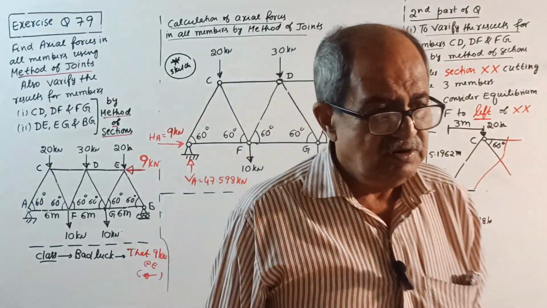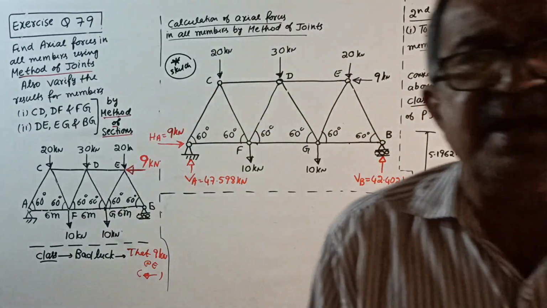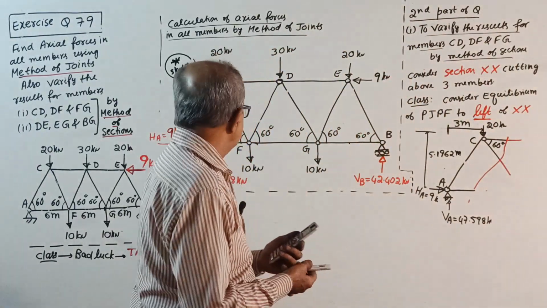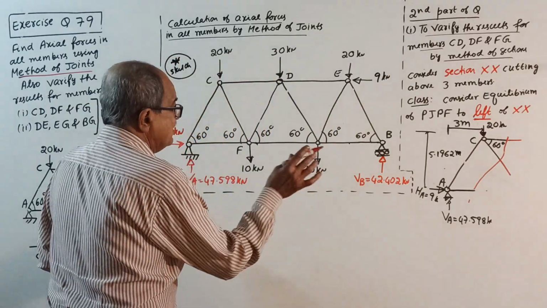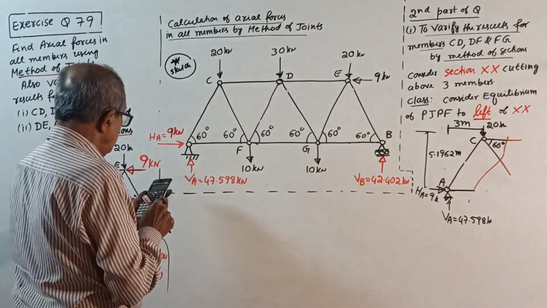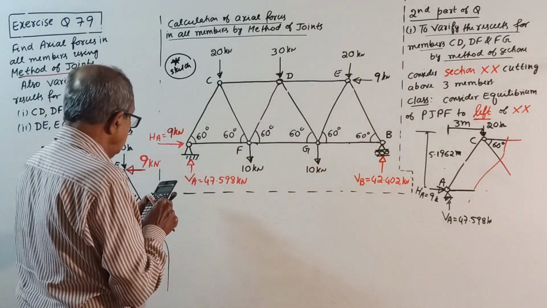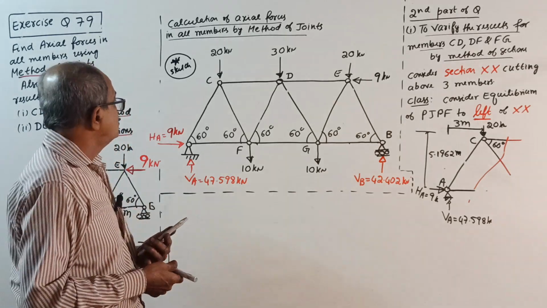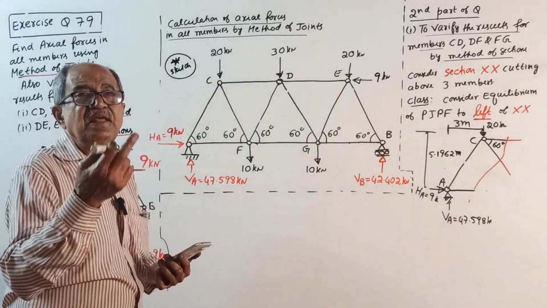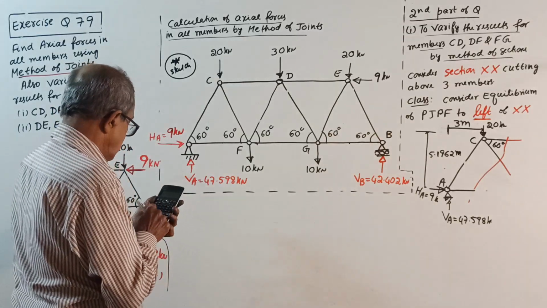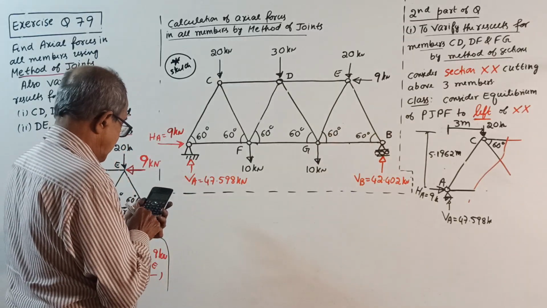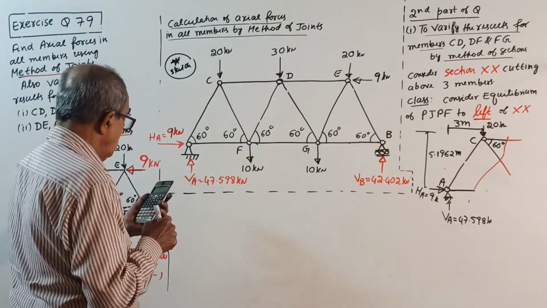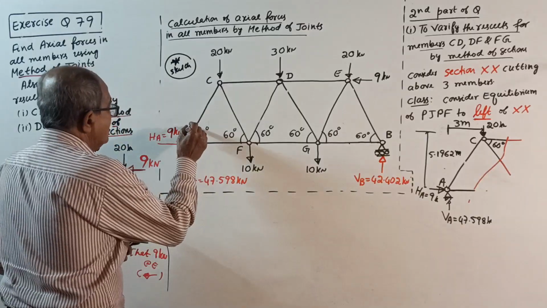I will solve. It is an exercise question, direct answer. Okay, I will start now. Anywhere you start, no problem. 47.598. I will keep on telling what I am doing if you want. For those who are interested, they can listen. 47.598 divided by sin 60 is 54.961.